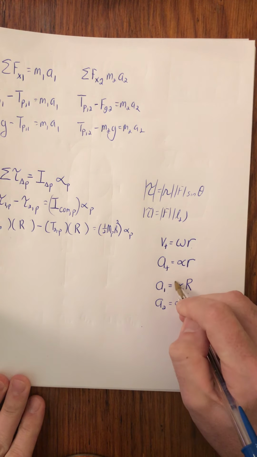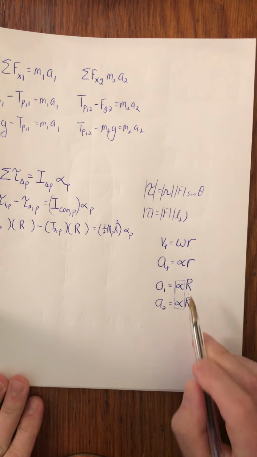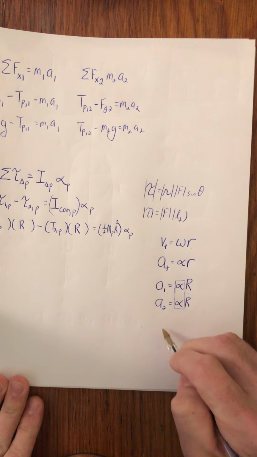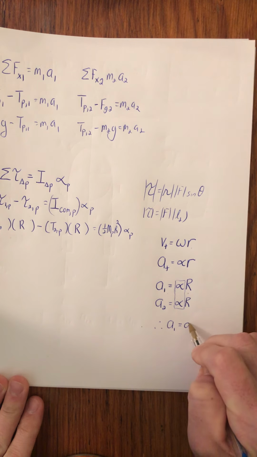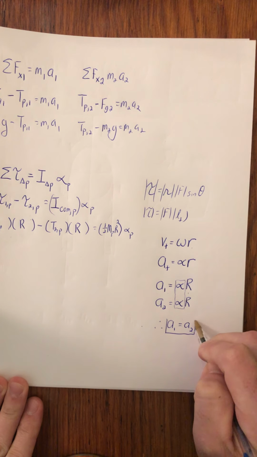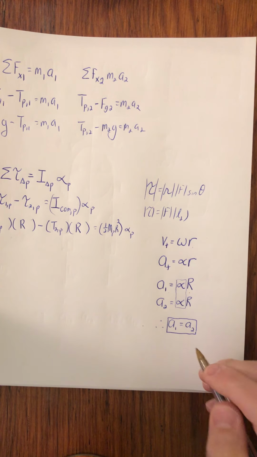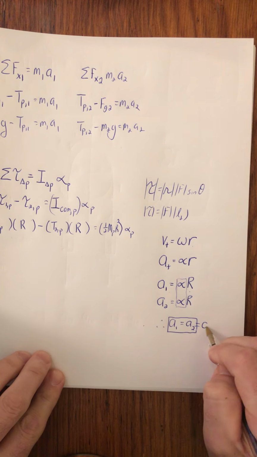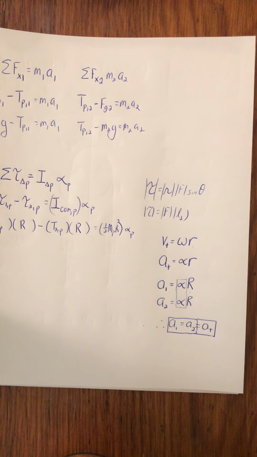And because alpha is the same for all points in the rigid rotating object, and because the two R's are equal, I can therefore say that A1 is equal to A2. So we've proven in this case that those two objects are going to have the same tangential acceleration, which I'll now just call A_T for ease, right? So that's going to be the link that we're going to use in order to solve the problem.